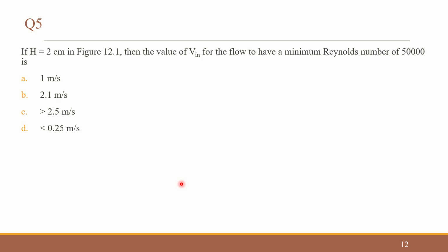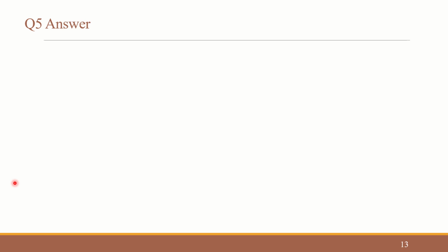Because it is a rectangular duct, we need to calculate the hydraulic diameter, and everything else is given. So if we calculate, we will get the answer, and that answer is actually option B, 2.1 meter per second is the right answer. How are we now going to solve it?